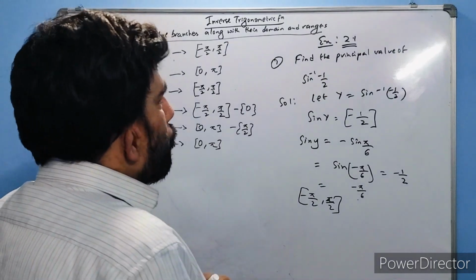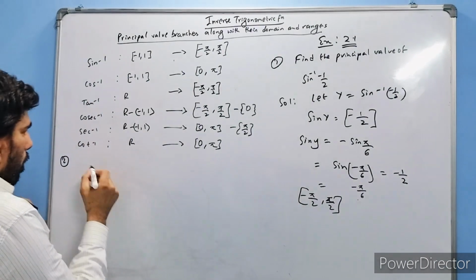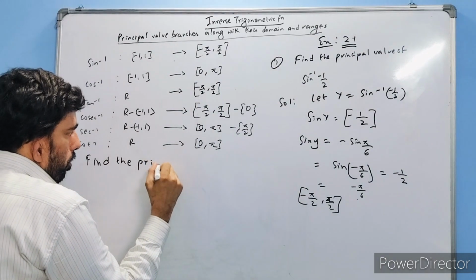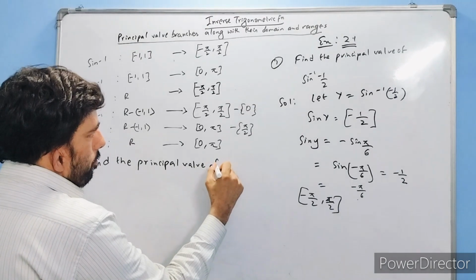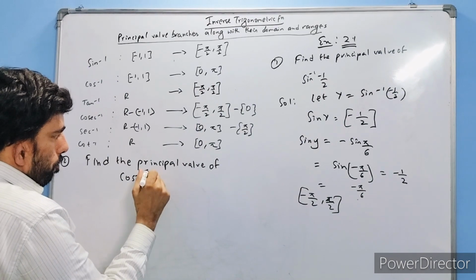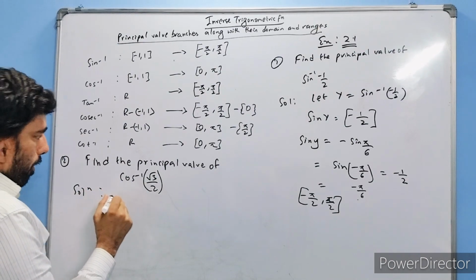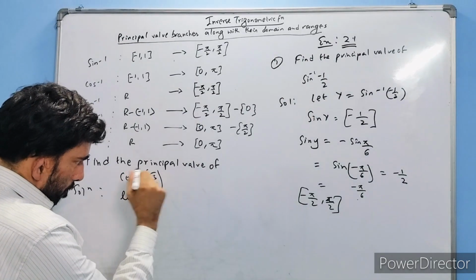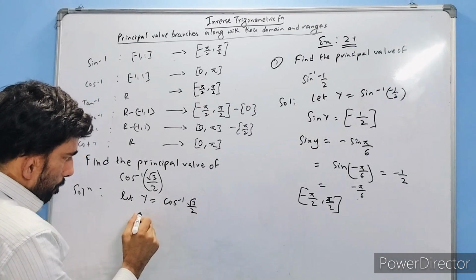Now the second question. We have to find the principal value of cos inverse root 3 upon 2. How can we solve it in a very simple way? Let y is equal to cos inverse root 3 upon 2.